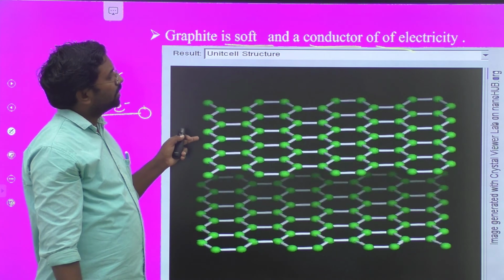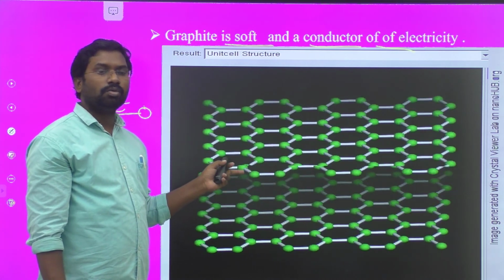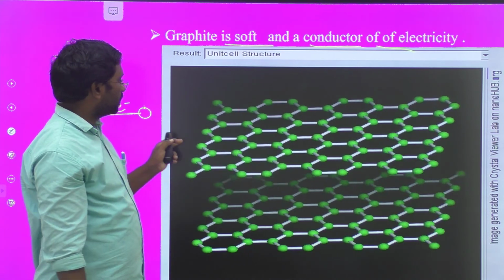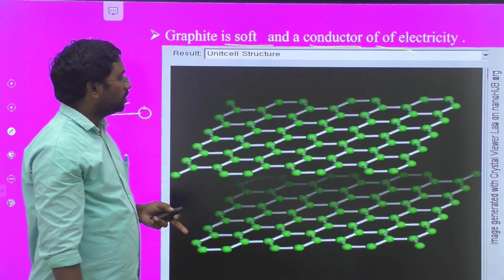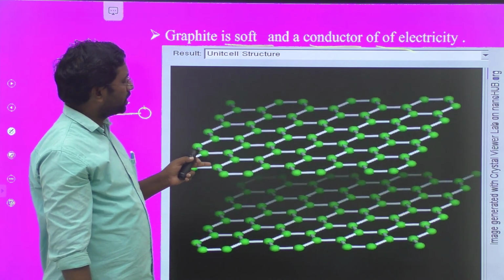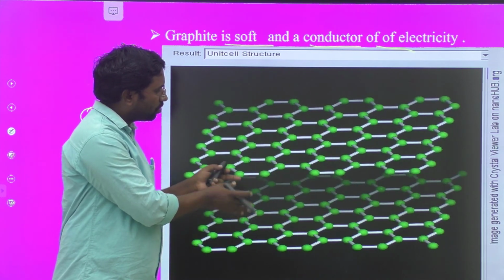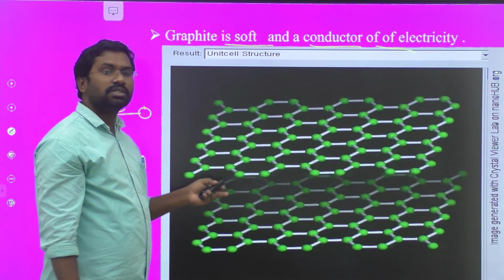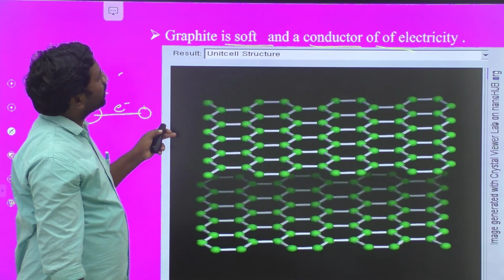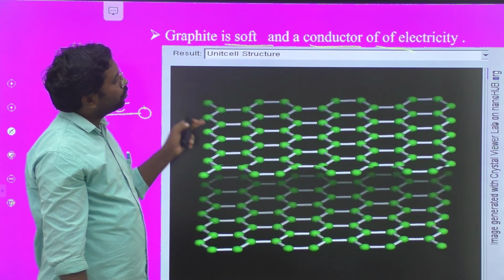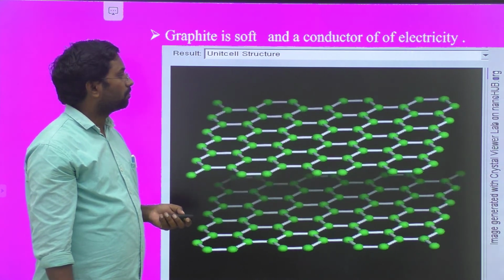Therefore graphite acts as a conductor only because of the free movement of electrons present between the two atoms in each layer. Graphite can also act as a lubricant because these hexagonal rings slide one over the other. So graphite is soft, acts as a lubricant, and is also a conductor of electricity.